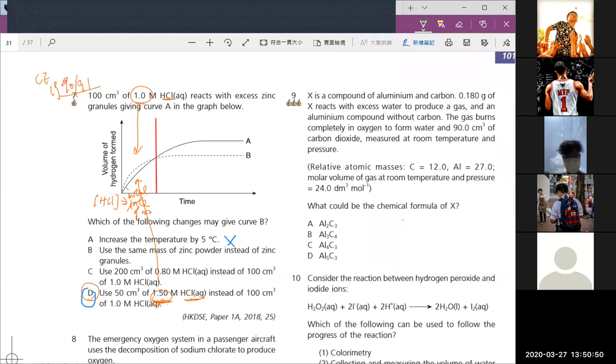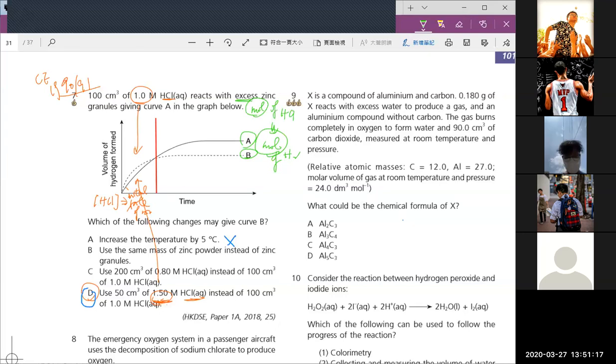How come the level of A is higher than B? You need to consider what? The mole. Yes, that's right. The mole of what? Of HCl, which affects the moles of hydrogen gas.